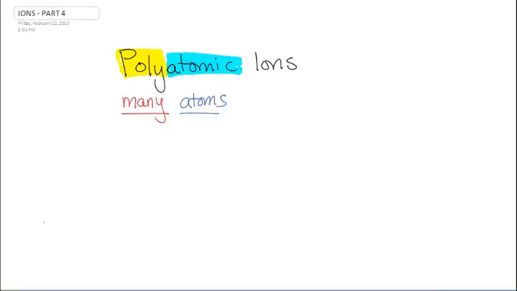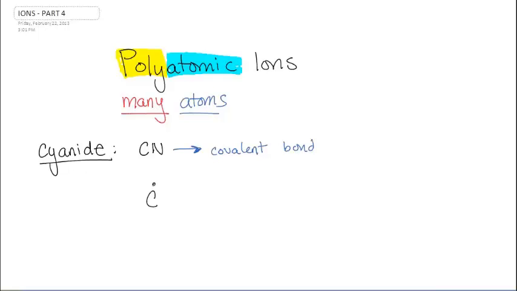An example is a compound called cyanide. Now, cyanide is carbon and nitrogen. Carbon's a nonmetal, nitrogen's a nonmetal, and so you should know that that's going to form a covalent bond. So let's draw it out. Well, carbon we know has 4 valence electrons, and nitrogen has 5.